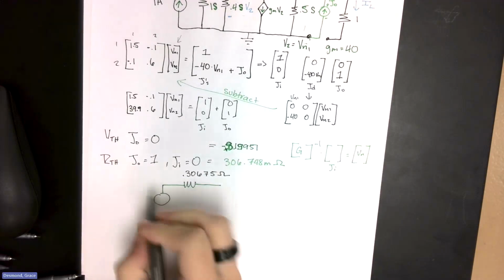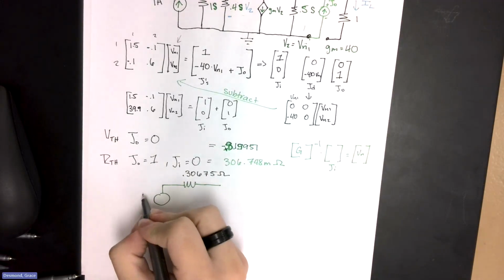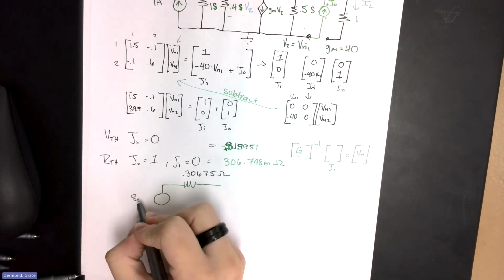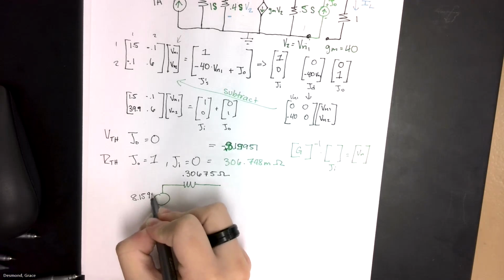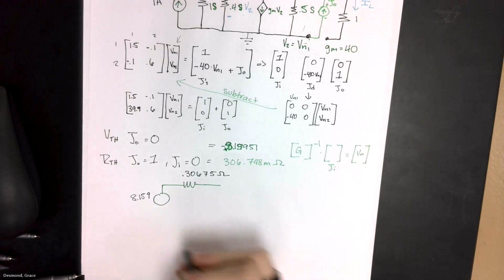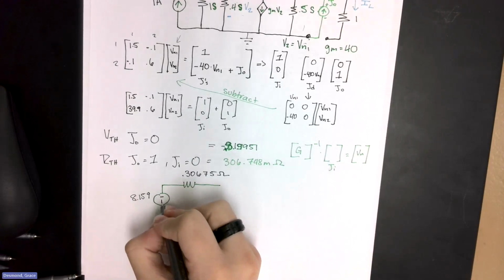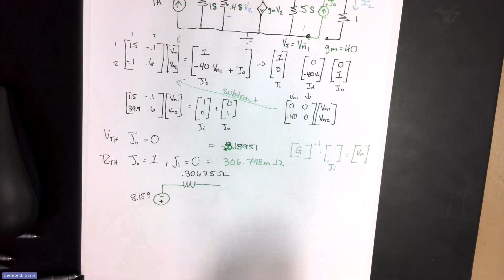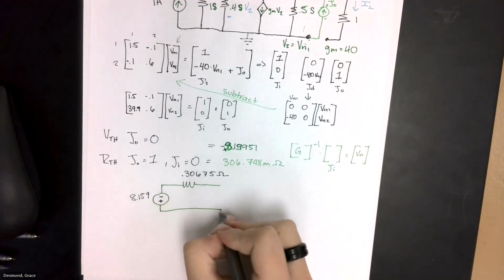And then for this, it's going to be 8.159. Is it going to be pointed up or down? For voltages and currents, all a negative means is it's pointing the other direction.